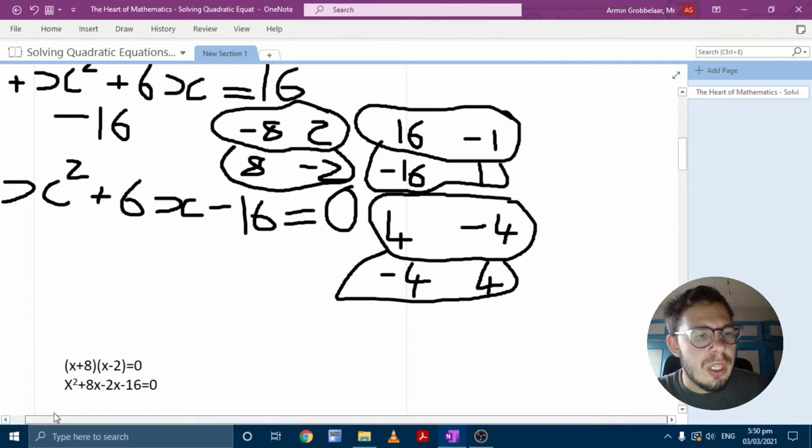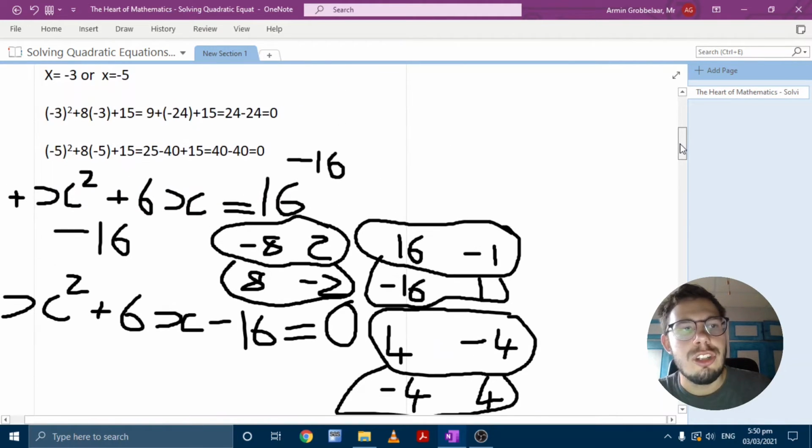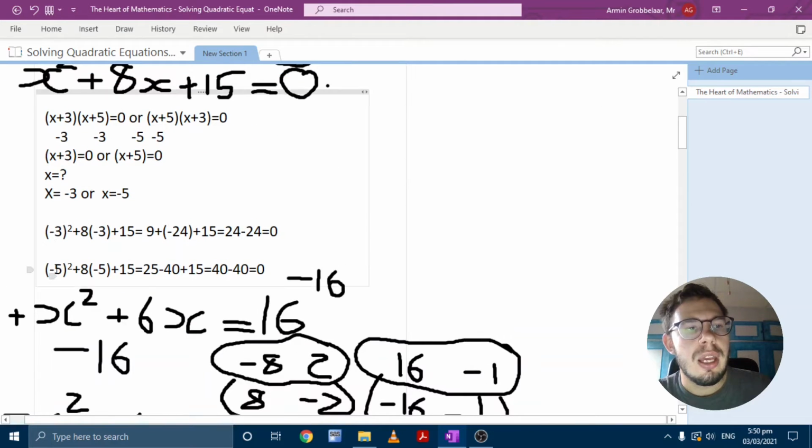So what I'm left with here is x squared plus 8x minus 2x, which is just 6x, minus 16 is equal to 0. So I have my original equation of x squared plus 6x is equal to 16.